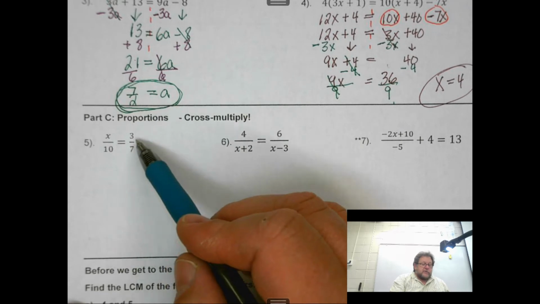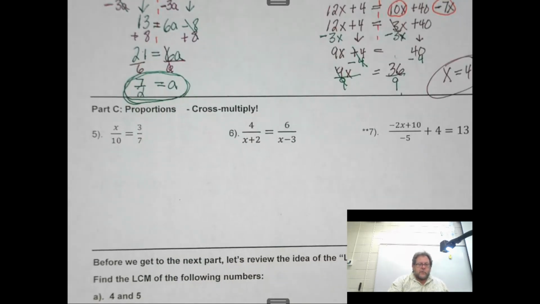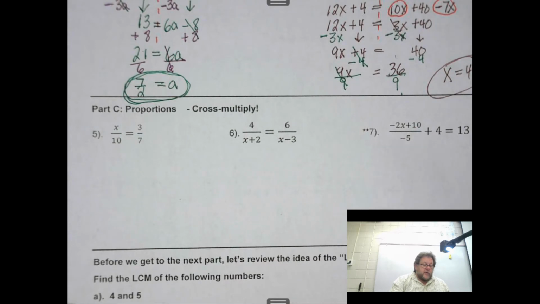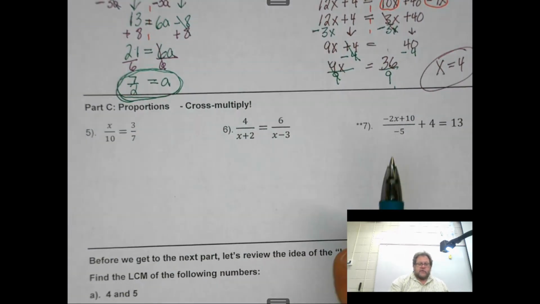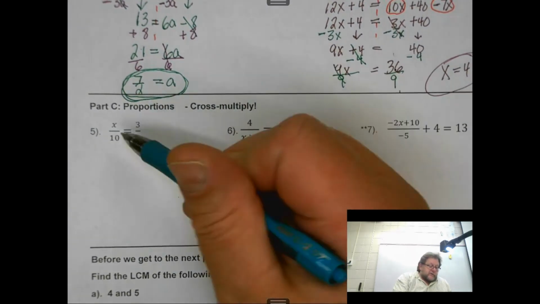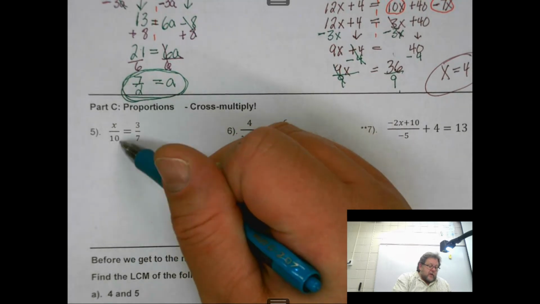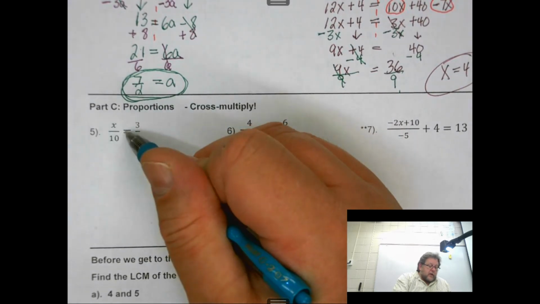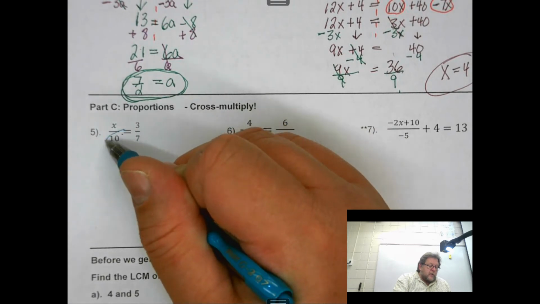But since these ratios are reduced to one term, I go ahead and multiply the 10 and the 3 equals the 7 and the x.